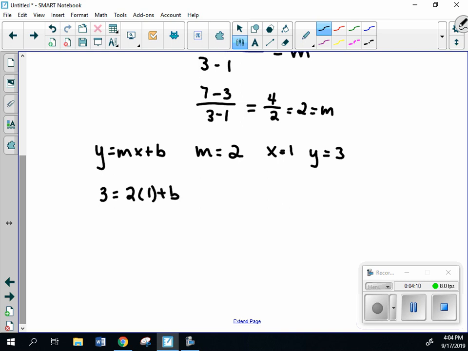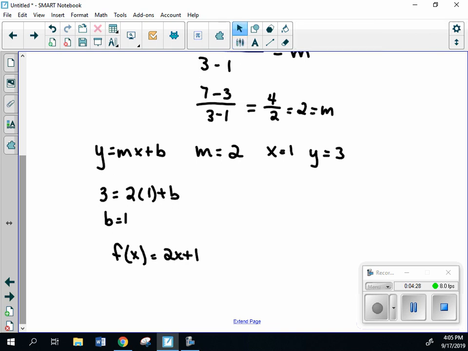So if I'm looking at this, I have 3 equals 2 plus b, b therefore equals 1. My linear line, or function I should say, is f of x equals 2x plus 1. So even though the notation from the beginning looked different, it's still the same thing that you guys have done in algebra, where you're trying to find the equation of a line given 2 points. It's just in function notation, just a little bit different.